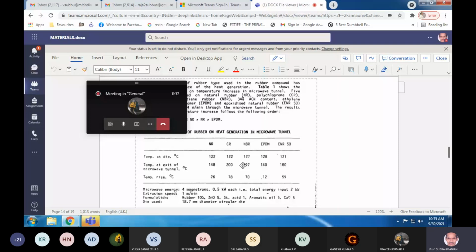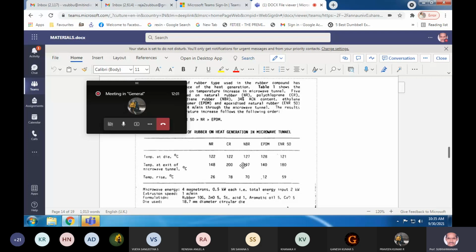The test recipe that is given in Table 1 contains aromatic oil, 5 parts. Interchangeably, aromatic oil, naphthenic oil are used up to 10 parts.